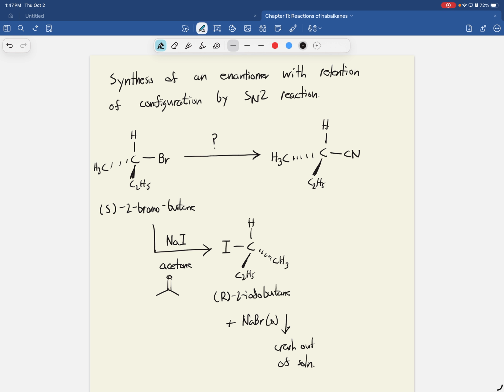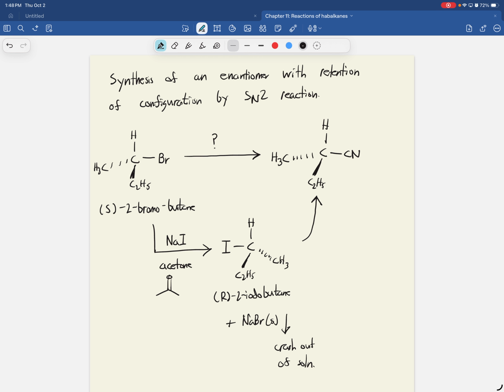So SN2 reactions can go back and forth, but you can devise a reaction to take advantage of equilibrium and drive it forward. We'll come back to that later, so don't worry too much about it. Now how do I get from here to here? That's my first product.